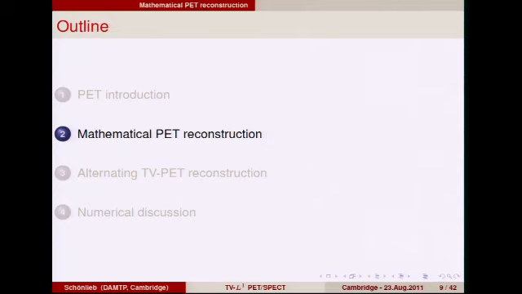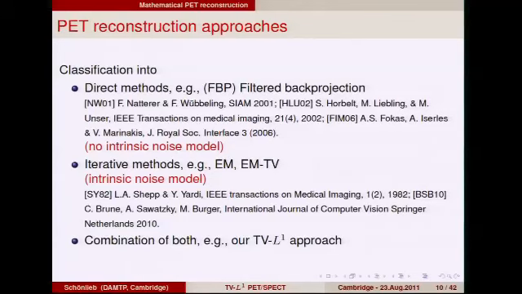So you have these measurements. How do you reconstruct the image? There are two main methodologies to do so. There are the so-called direct methods, which aim to approximate the radon inversion, for example the filtered back projection algorithm.